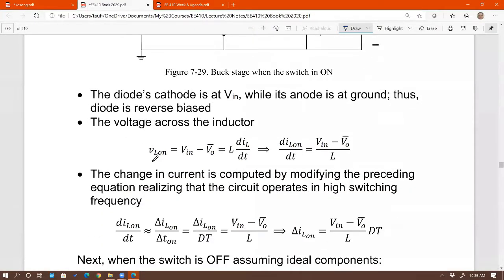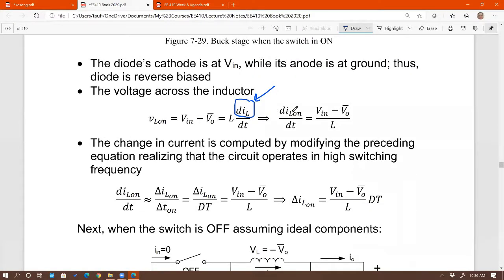So the voltage across the inductor when the switch is on, that's why I call it VL on, is equal to V in minus V out. And we know the other equation for the voltage across the inductor is L dIL/dt. Why is that important? Because I'm looking for delta IL. At high switching frequency, I'm assuming very small ripple, so you get the approximation right here.